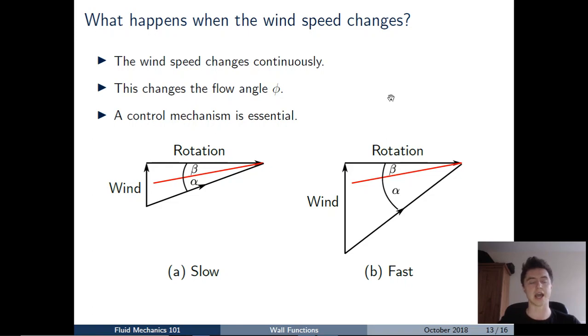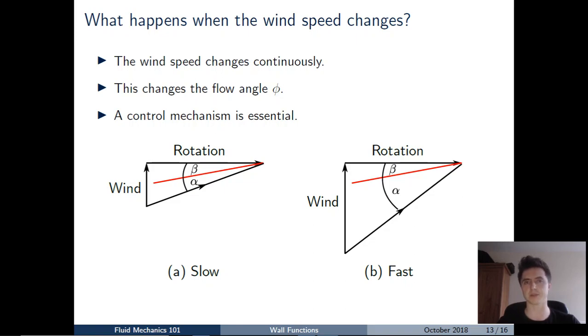And what we see is that as that free stream wind speed picks up, so as the wind accelerates, then the flow angle phi increases. And of course, the twist angle, beta, of those local aerofoil sections remains constant. It's how we've designed it. And so actually the angle of attack increases as the wind speed picks up.